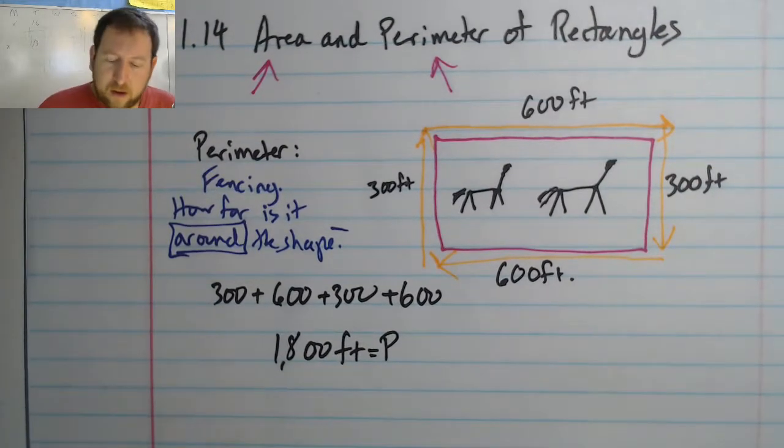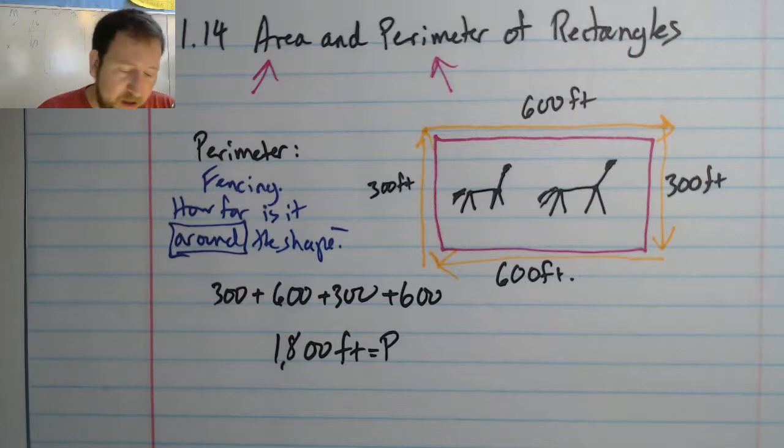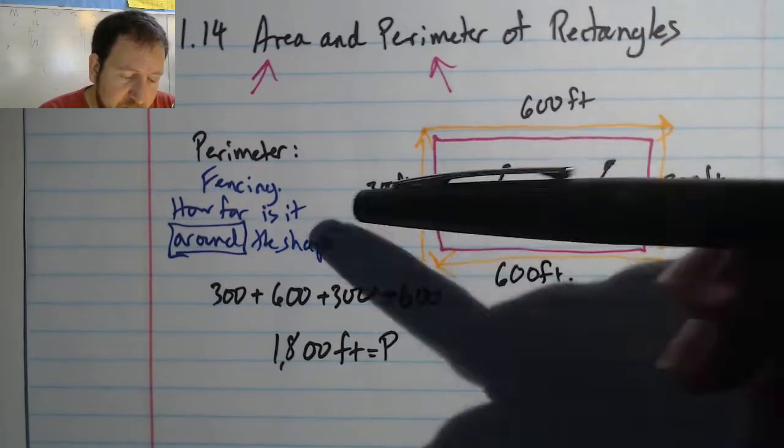Now, say, for example, that I'm not exactly sure how far my sides are, but I do know that in a rectangle, the opposite sides must be equal.